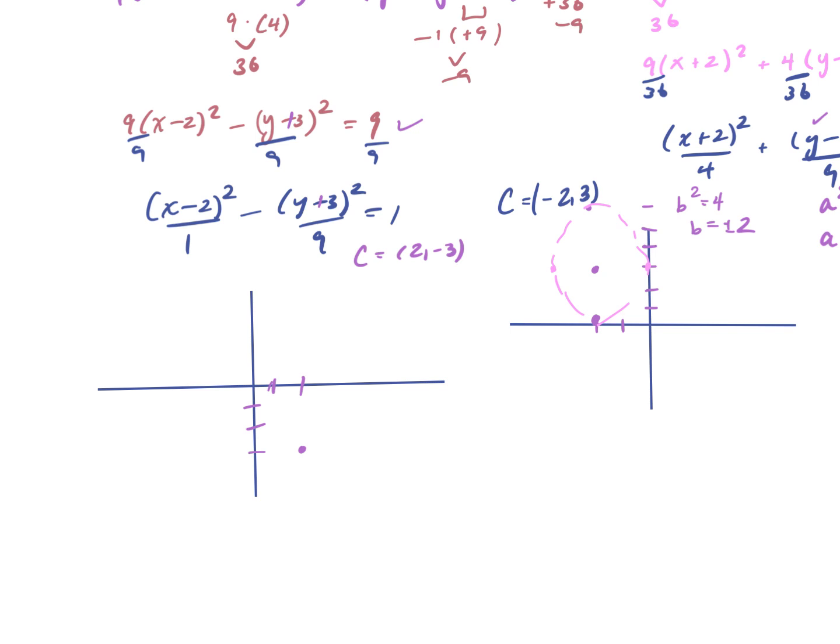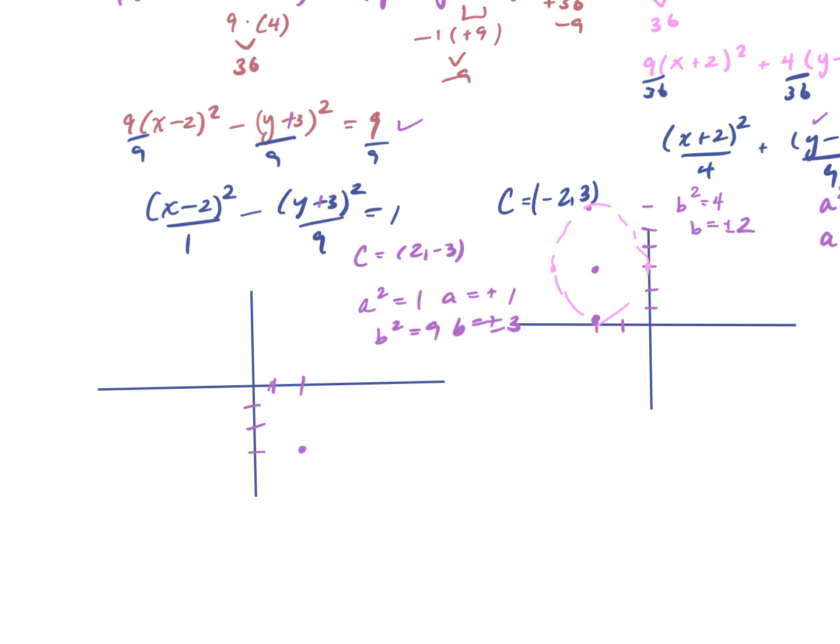And then you can draw the asymptotes, I guess. I don't know the best way to do this for what we're doing right now. There's a slope formula to get the asymptotes, so we could do that. That's kind of how I do this. So we can say a squared is 1, so a is plus or minus 1, and then b squared is 9, b is plus or minus 3.